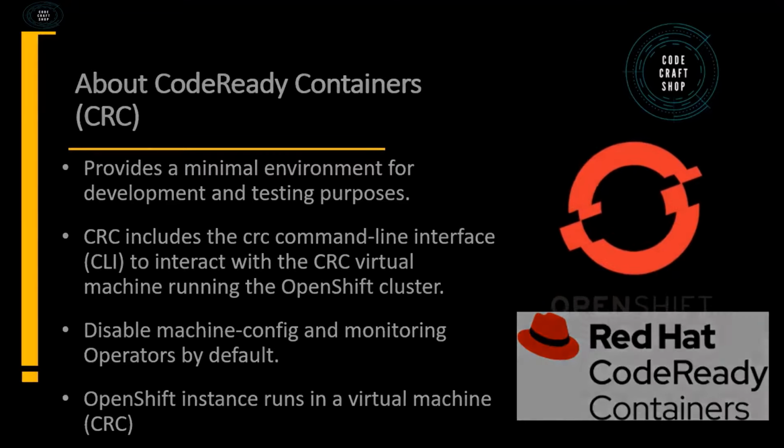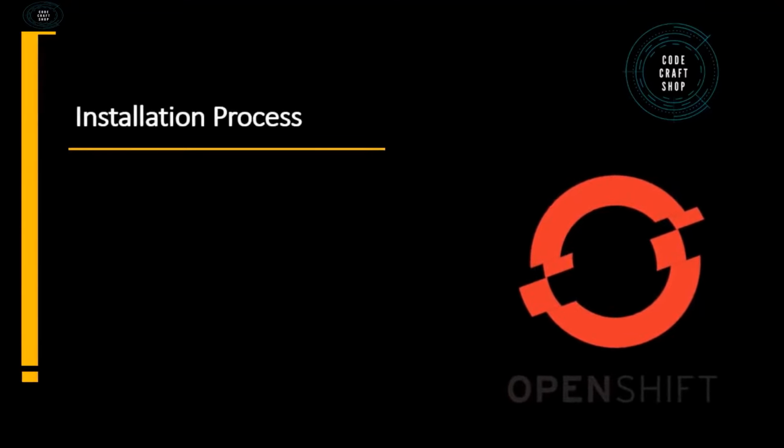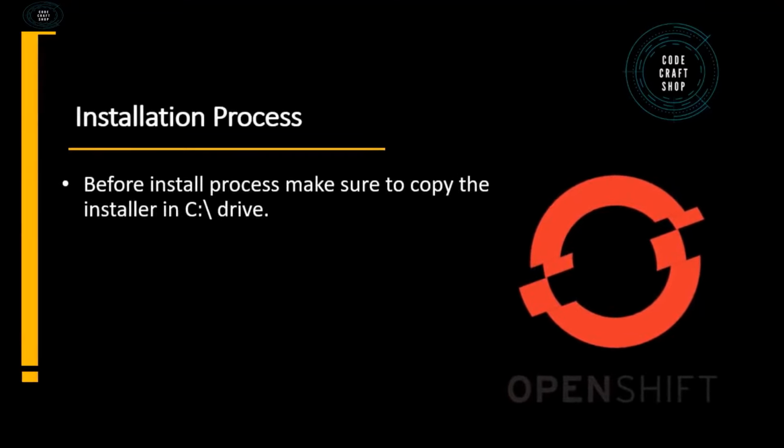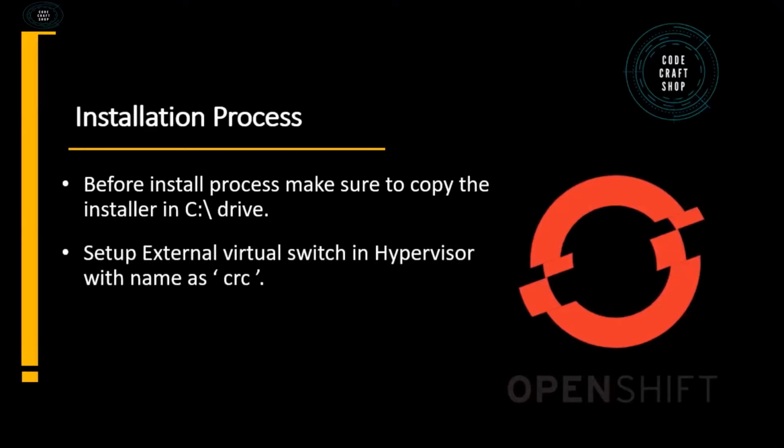So in order to install, we need to follow certain guidelines, certain steps. Before installing, make sure to copy the installer in the C drive. I will show you how we can do that. And then we need to create an external virtual switch in the hypervisor, that is the virtual switch manager.